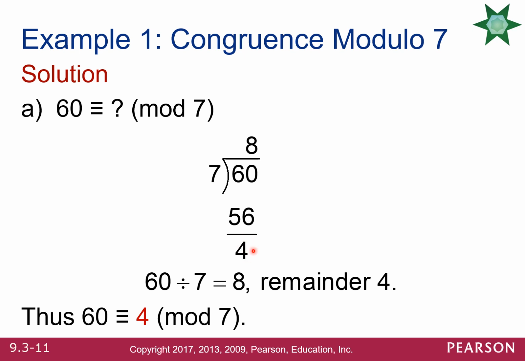That's the remainder. So 60 divided by 7 is 8, but we are not interested in the 8 really in modular arithmetic. We are focused on the remainder. So when we write our final solution, it's going to be 60 is congruent to 4 mod 7. Okay?